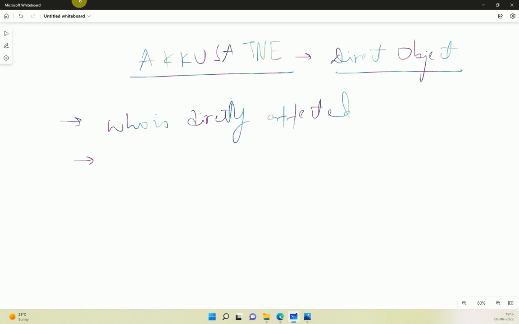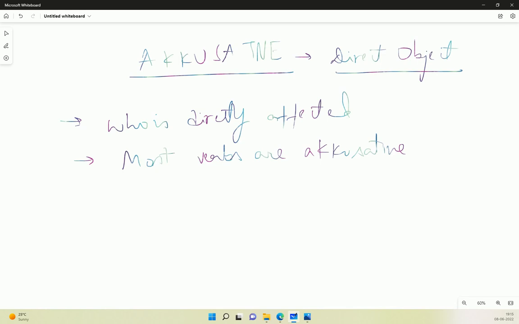Now a good thing to note is most verbs are accusative. Previously we learnt about regelmäßig, unregelmäßig, that is regular and irregular verbs, but then there is another class, or you can say sub property of every verb.